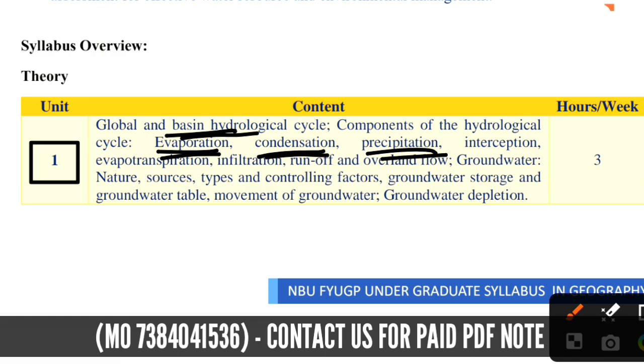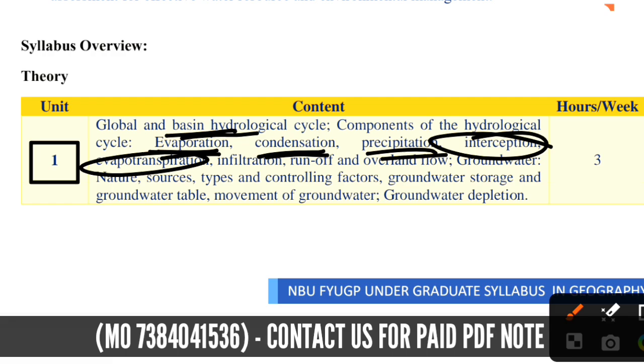The next topic is interception. Interception means some amount of rainfall is stopped by trees, leaves and other objects before reaching the ground. Then you have evapotranspiration. This is the combined process through which water goes back into the atmosphere from the land surface and from plants.